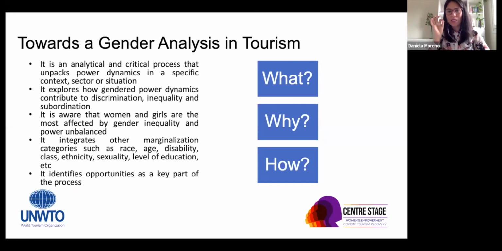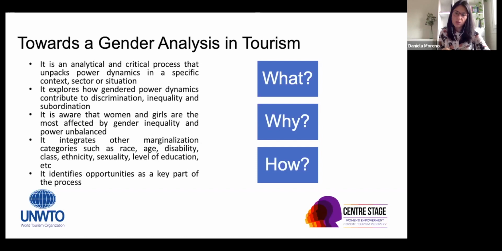And the why is one of the most important questions that we have to answer in a gender analysis. Why is this happening? What are the main factors behind this context, this situation? Why are women facing more barriers than men to access this asset that is so important to be successful in tourist development, for example, right?